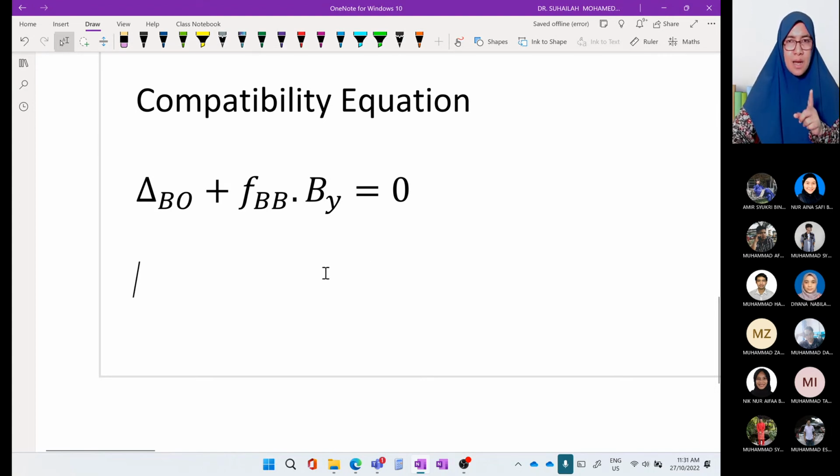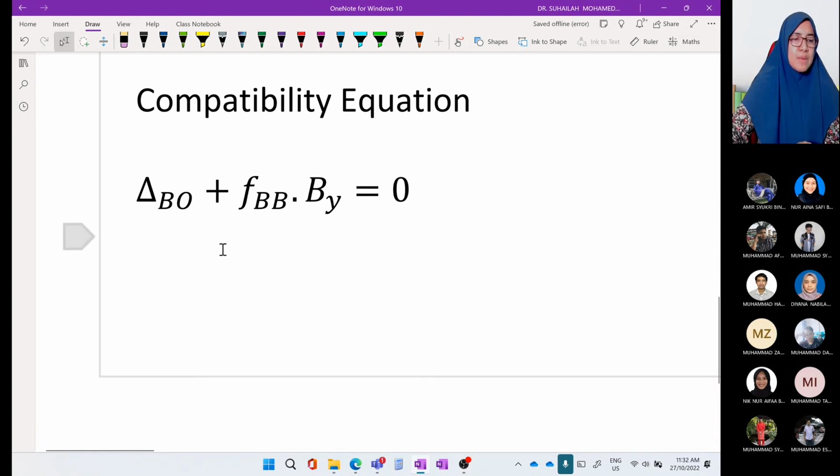Whenever we want to calculate delta, we have to integrate two moment equations. Theta is also the same: we integrate two moment equations. We will also use this equation to analyze truss, but in truss the internal forces are member forces, so we have to find N, not M.